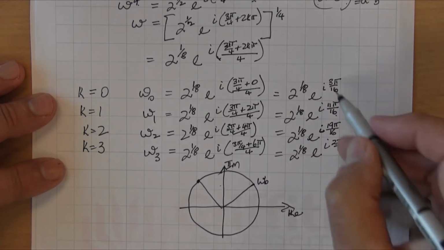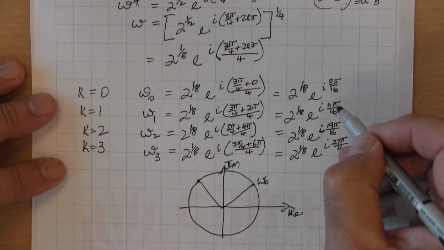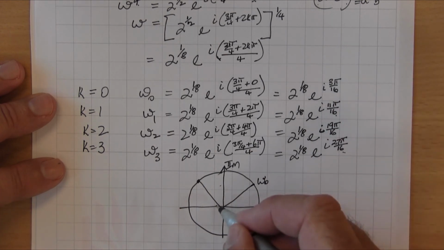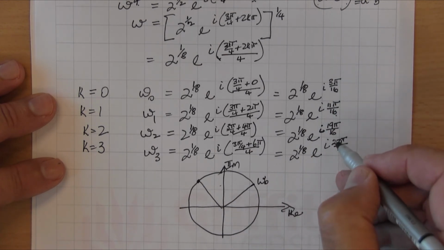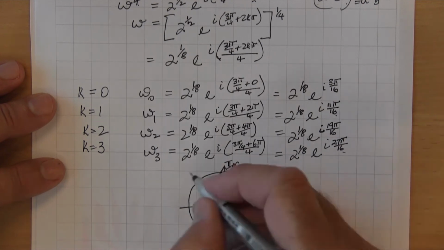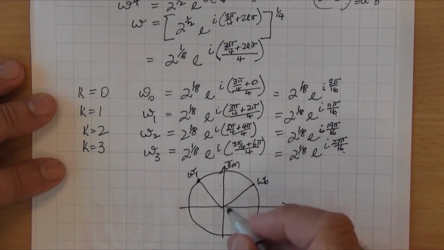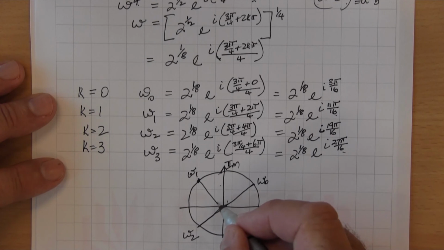11 pi on 16 will be up there. 8 pi on 16, which is the difference, is actually pi on 2. So that'll be a right angle. So 8 pi on 16 is the difference between each of these 4. So that's actually a right angle there. And that'll be w1. And if that's a right angle, that means we go straight through there. We're going to get w2. So that's a right angle.